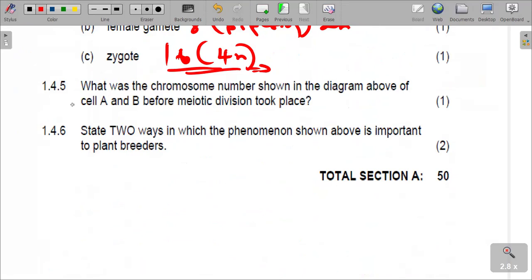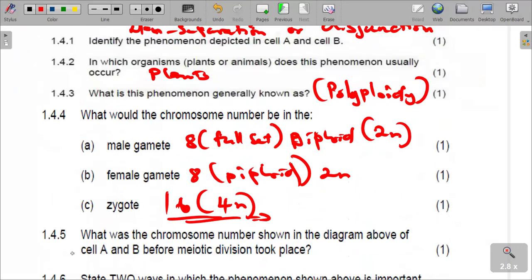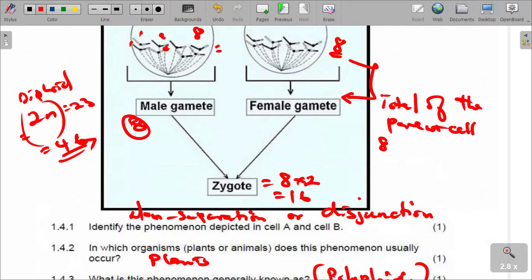What was the chromosome number shown in the diagram above of cell A and B before meiotic division took place? We already counted that. I'm sure this is answered before meiotic division, because meiotic division was supposed to come here where we have the gamete.